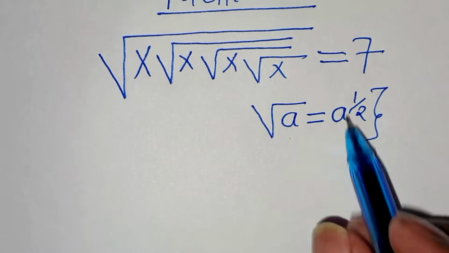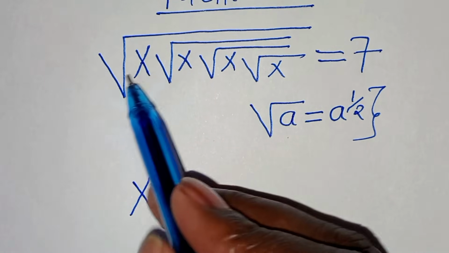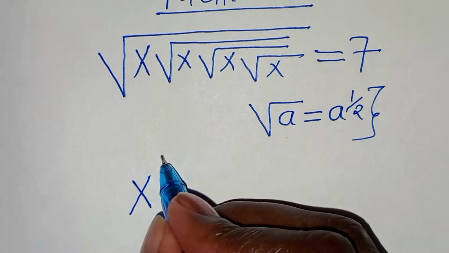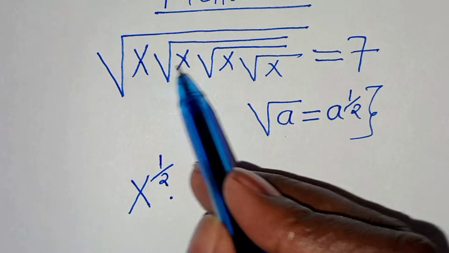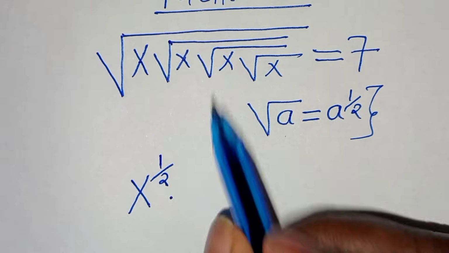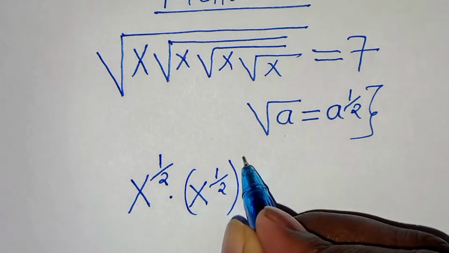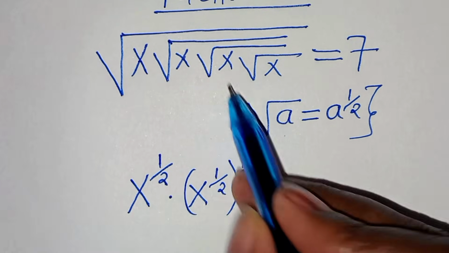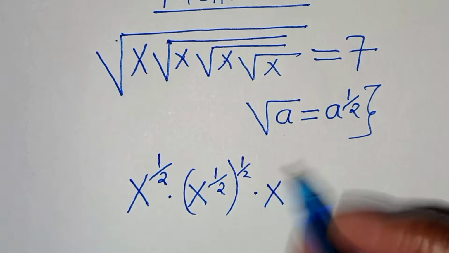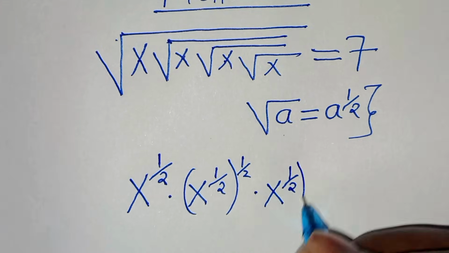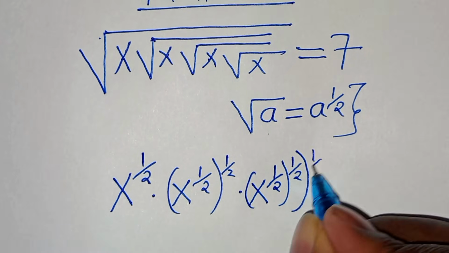Applying this property, this means we have x raised to the power of a half, since this x is only under one square root sign, multiplying by x to the power of a half raised to the power of a half, since this x is under two square root signs, times x raised to the power of a half raised to the power of a half, then raised to the power of a half, since this x is under 3 square root signs.